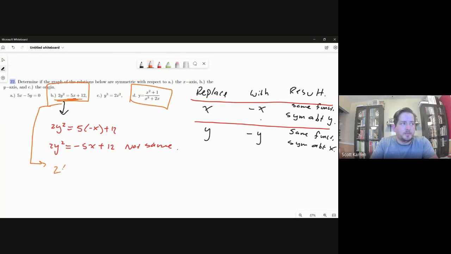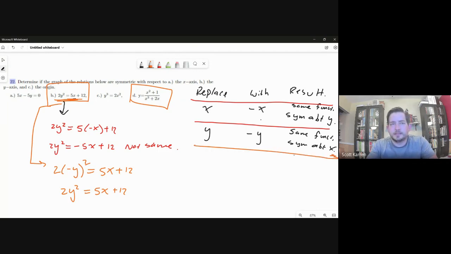I have 2 times negative y squared equals 5x plus 12. The negative y squared is the same as y squared, so this is 2y squared equals 5x plus 12, and that's the same thing that we started with.